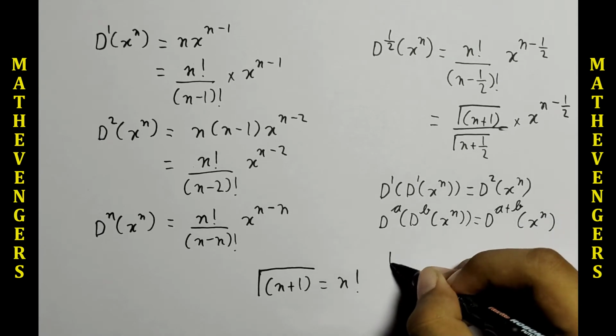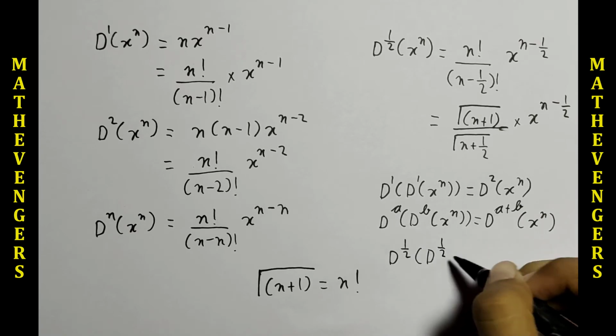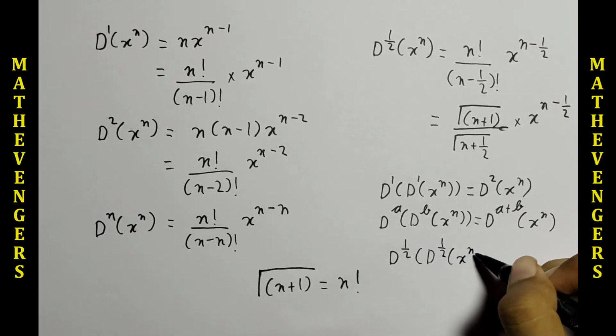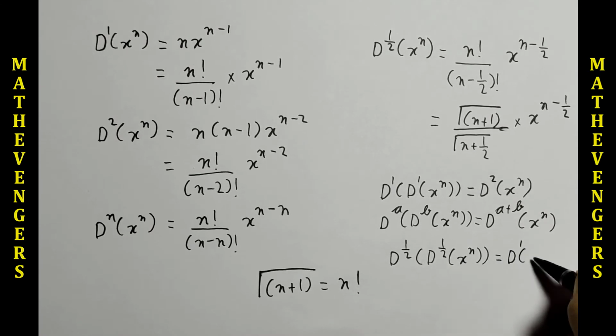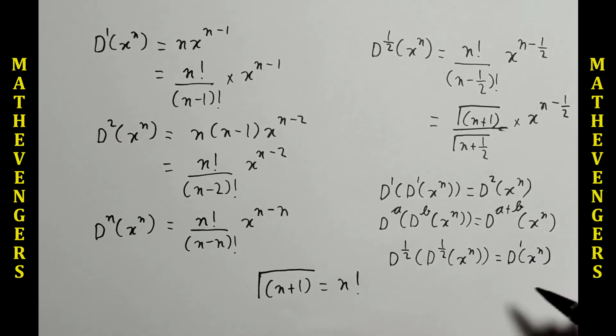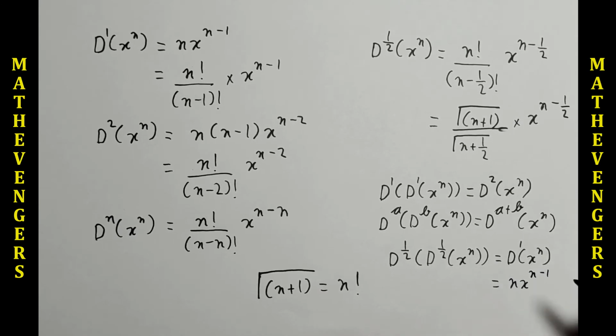So the half derivative of the half derivative of x to the n should be the first derivative of x to the n, which is equal to n into x to the n minus 1.